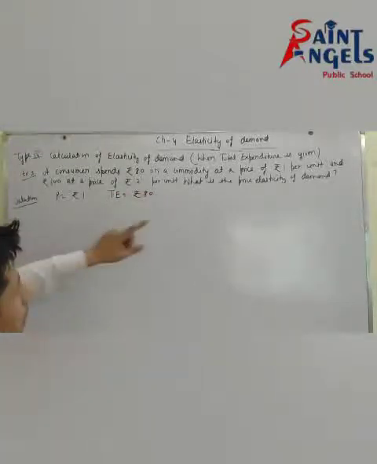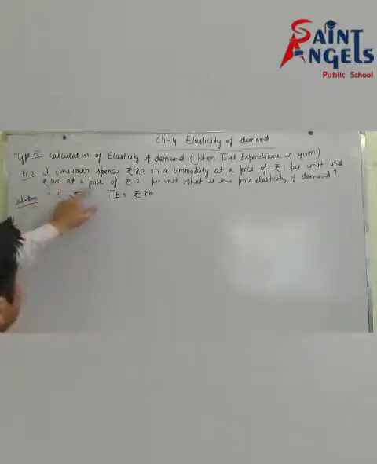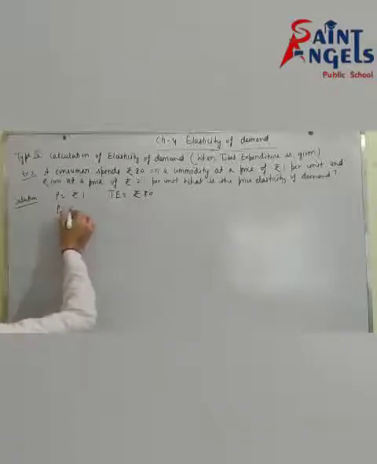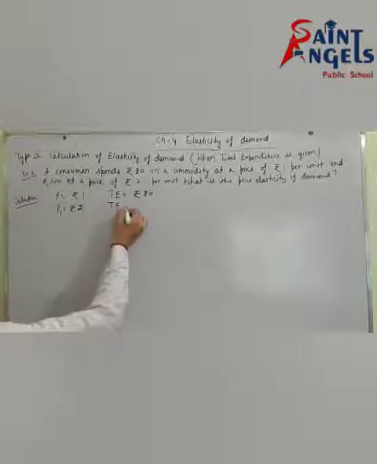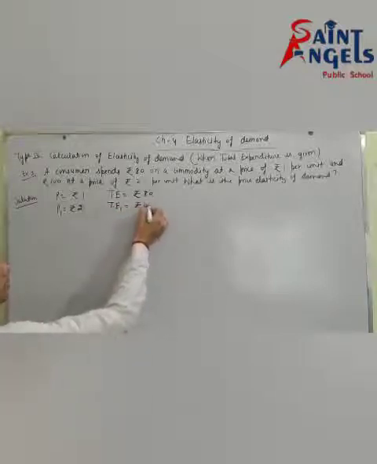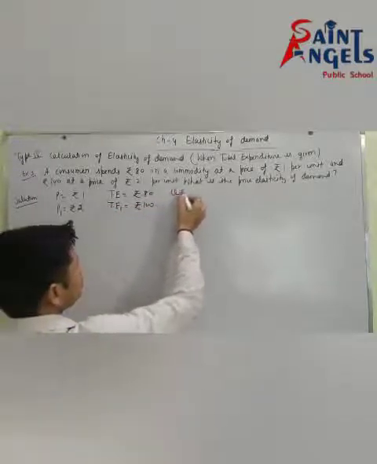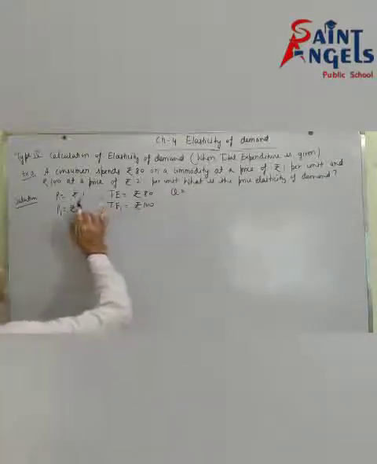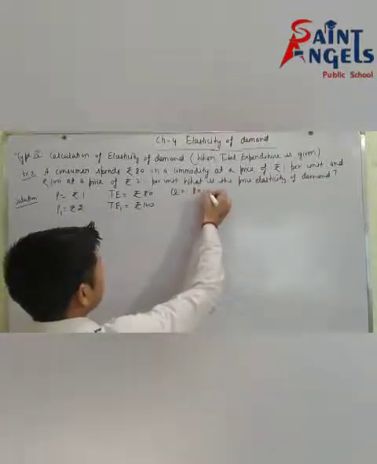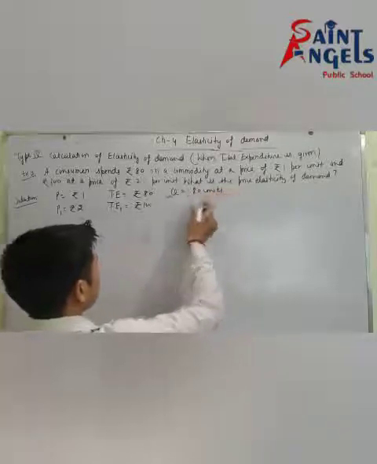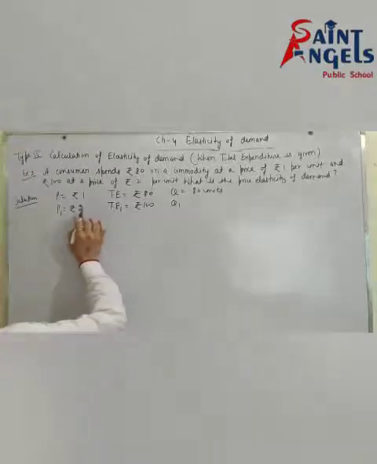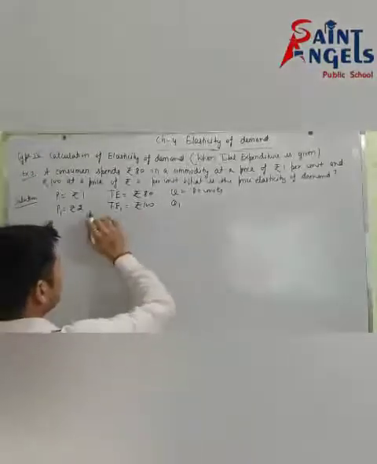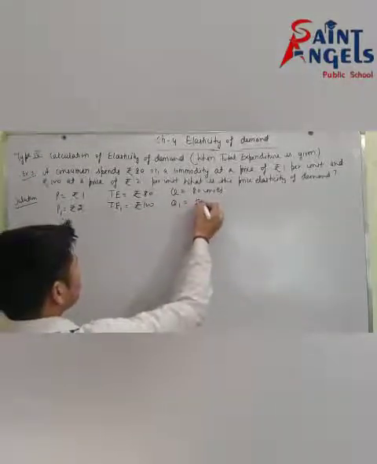After this, at rupee 100 at a price of rupee 2 per unit means new price rupee 2 and new expenditure rupee 100. So initial quantity will be 80 divided by 1, means 80 units, and new quantity will be new expenditure divided by new price, 100 divided by 2, 50 units.